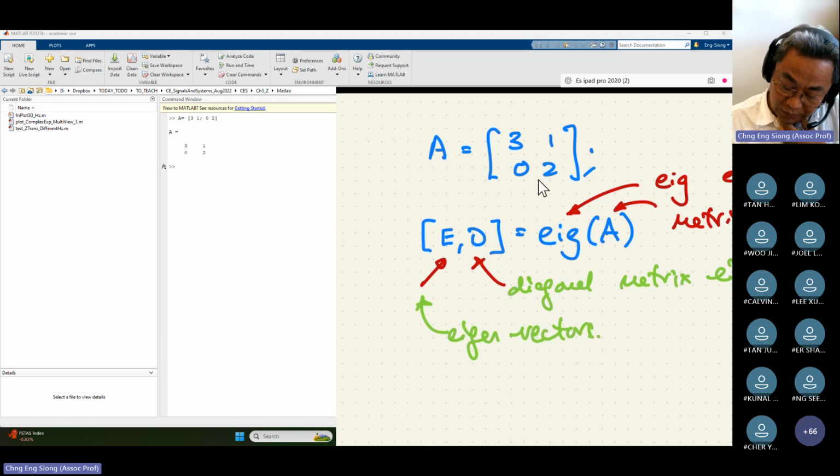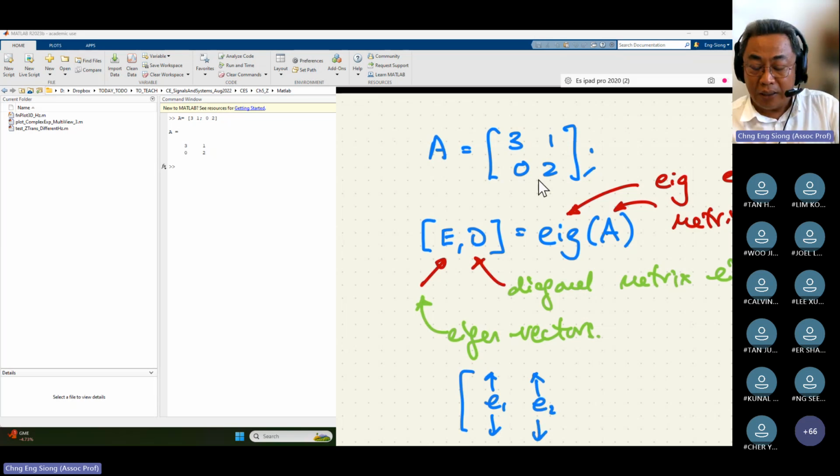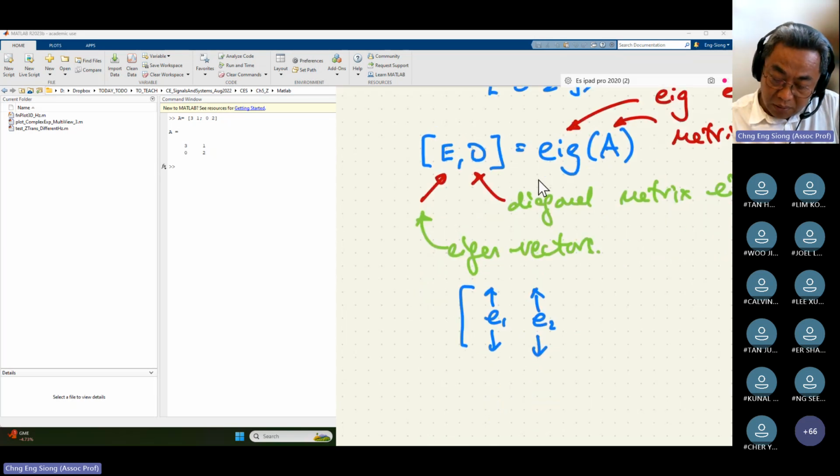And it will look like this. You call this E1, E2, eigenvector 1, eigenvector 2.